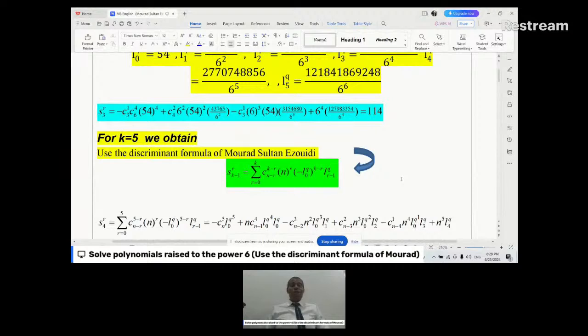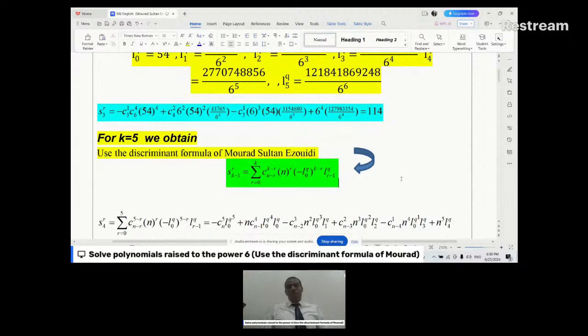I'm planning for preparing other books, solving polynomials to the power 7, 8, 9, 10. And I, in fact, solved polynomials to the power 18 and 30, and I published this with the edition European Universities.